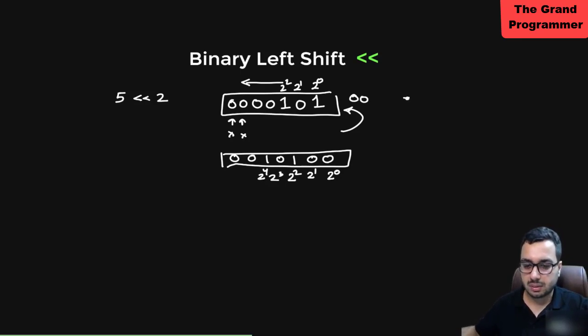So what is the original number? The original number is 5, which is 2 square plus 2 raised to the power 0, and let us call this number x.